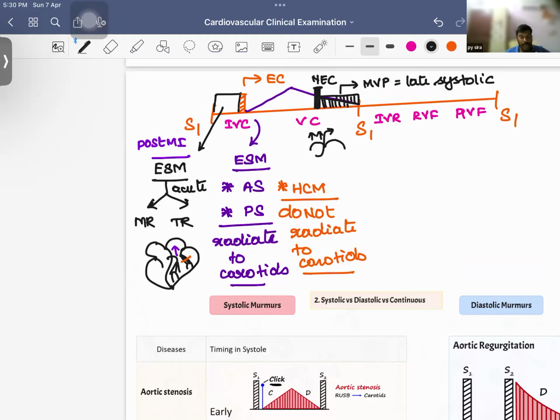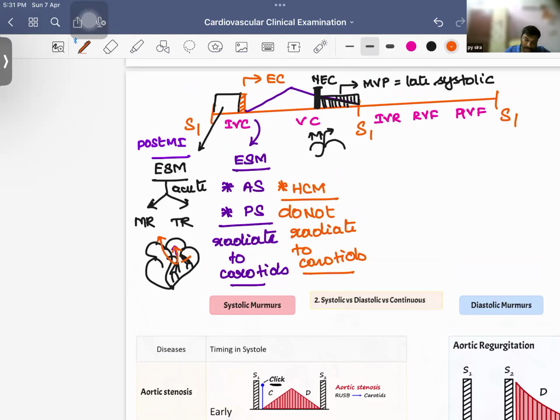Next, a patient who has mitral regurgitation. Whenever the blood is trying to enter into the aorta, it will also try to enter into the left atrium.